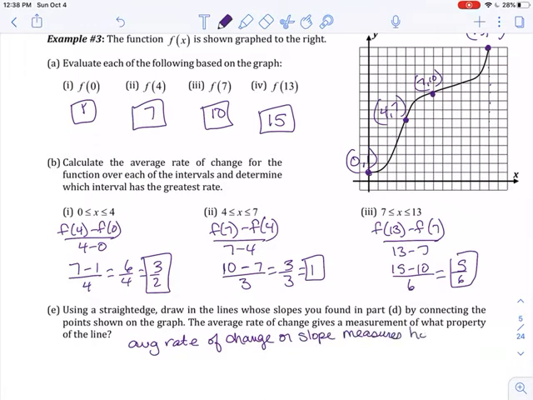But the average rate of change, just so you understand this, the average rate of change or slope measures how steep the line is that connects the 2 points of the function.